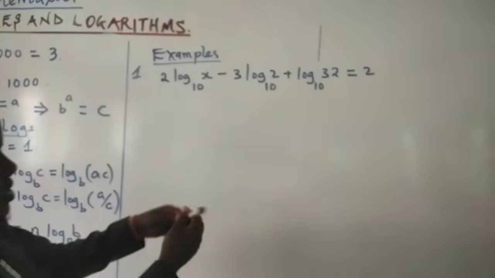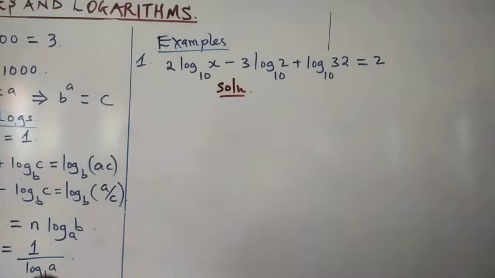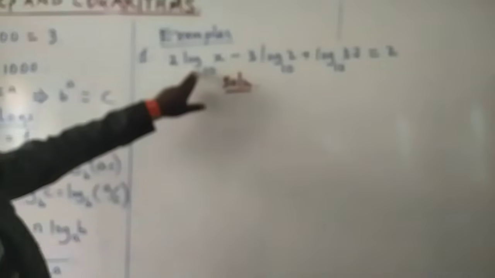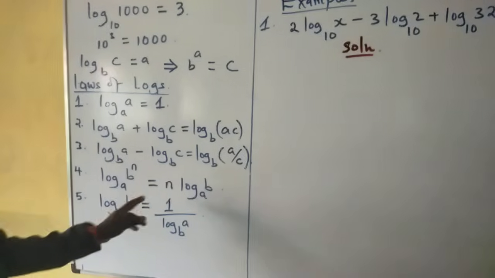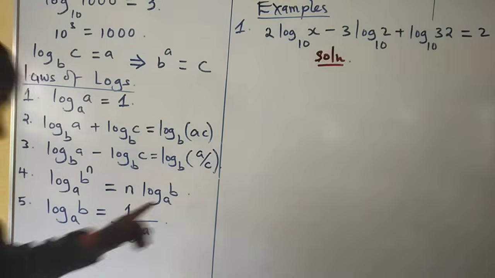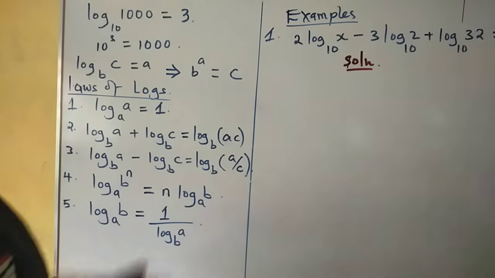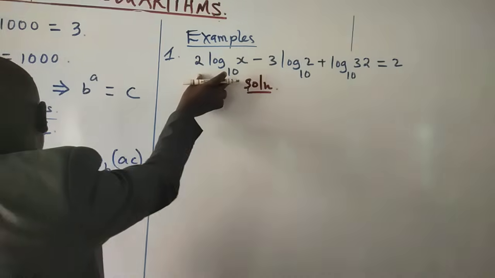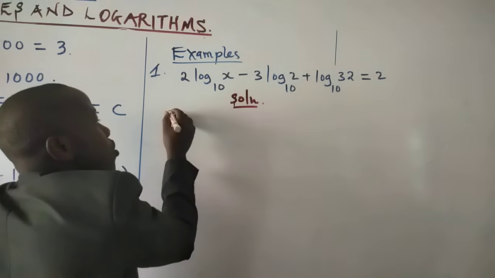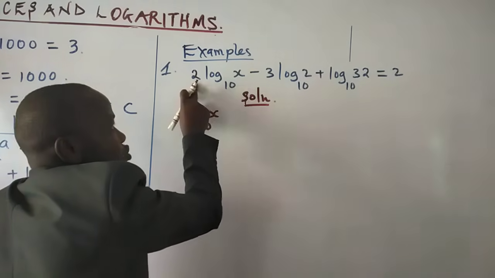When we examine this question, we can see that we have 2 multiplied by the log of x to base 10. According to the fourth law, when we have a number times the logarithm of b to base a, it means that this number which has been multiplied is a power of b. Following law number 4, we can change this to log of x squared to base 10, since the number is 2.